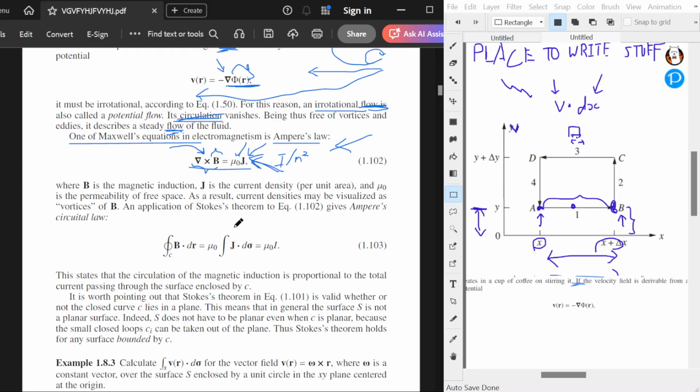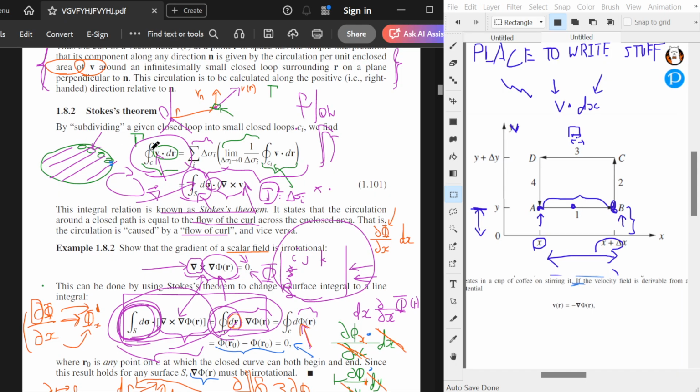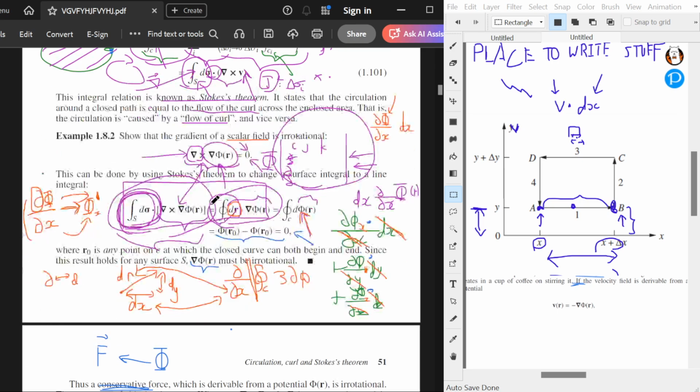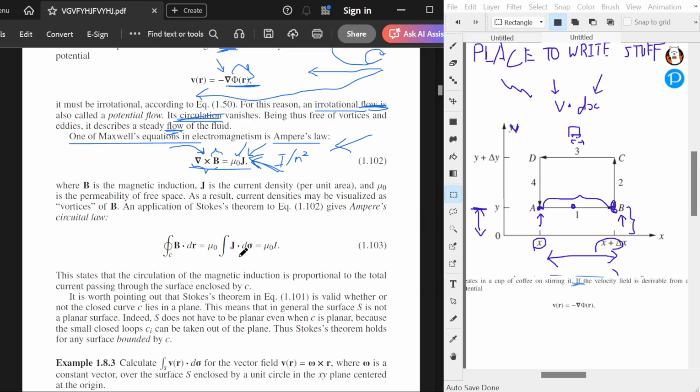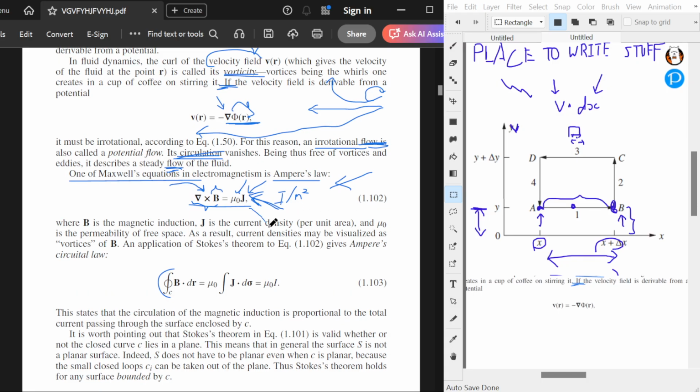What is Stokes' theorem? For the circulation, you can change between S and C, surface and line. Ampere's circuital law, the closed line integral of B dot dl. So we have this guy, we're applying Stokes' theorem.